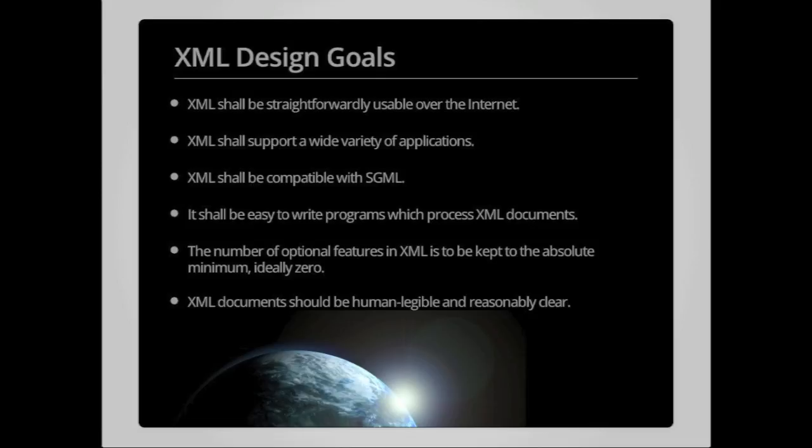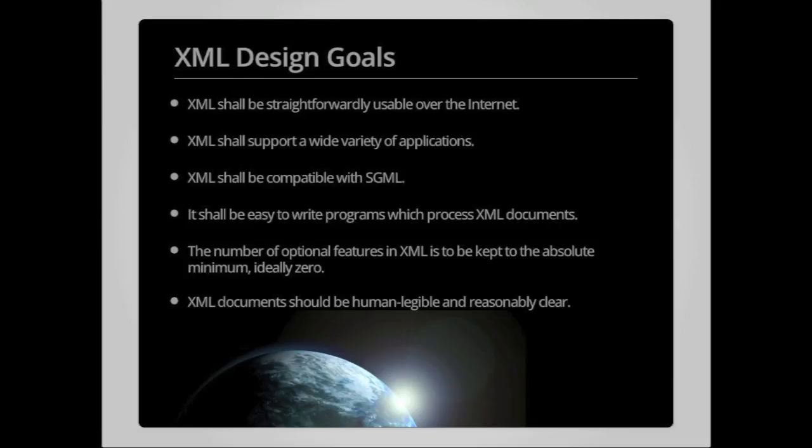It was also required that it should be easy to write programs that process XML documents. And while some might argue with the ease of writing those programs, XML is a very broadly supported standard in many programming languages. So there are many tools that actually streamline the processing and work with XML documents.